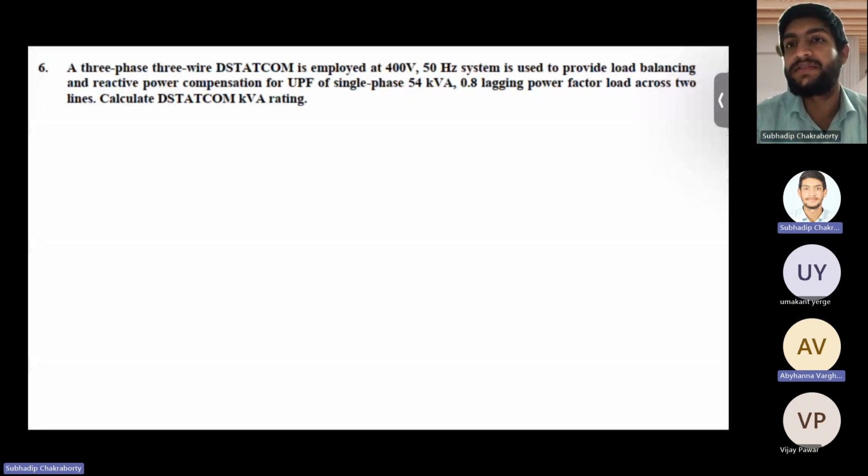Actually, when we say 415 volts supply, 415 is the RMS value. Inherently, in any AC quantities in problems, when it is given without mentioning anything, you consider it to be the RMS value.